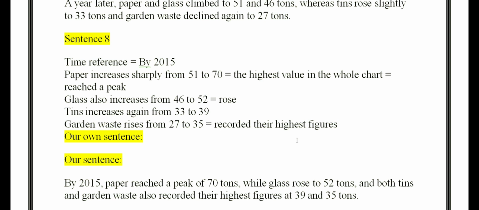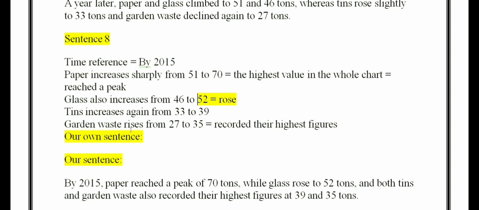Speaking about the year 2015, paper increases sharply from 50 to 70, and it is the highest value when you see the whole chart. So the word is reached a peak. Glass also increases from 46 to 52, so it is also a rise. So the past tense of the word is rose. Tins increase again from 33 to 39.